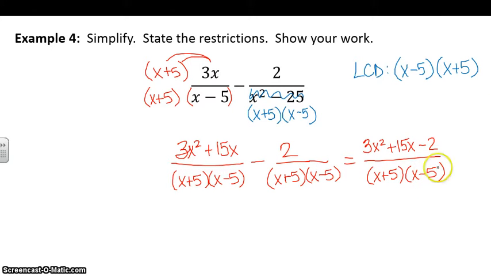Okay, so now we are on to step 4. So we've already made this one fraction. Step 4 in your notes says to factor if you can, cancel some things out, do the restrictions, all that stuff that we did the previous day on Monday. So then here, we cannot just do a shortcut with this, find the multiples of -2 that gives you 15, because there's a 3 in front of the x squared instead of a 1.